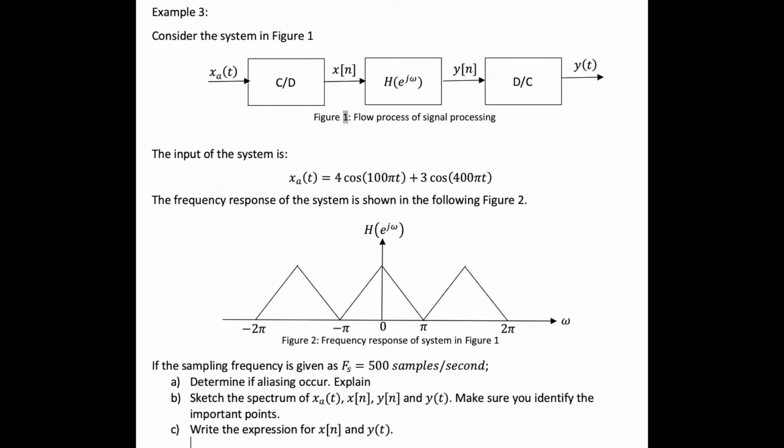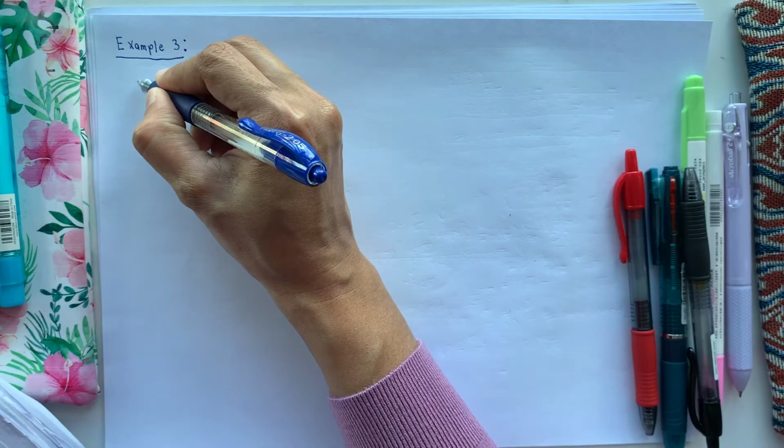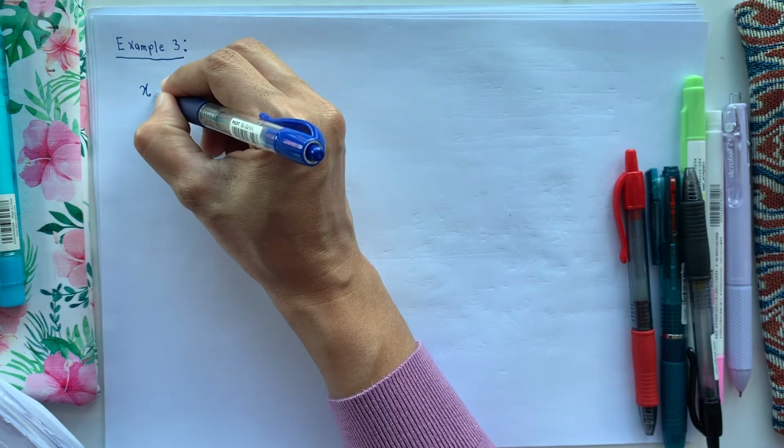After that, you go through H(e^jω). Your H(e^jω) is actually the low pass filter, as can be seen in figure number 2, to get y[n]. Then y[n] goes through another converter from digital to continuous time to produce y(t). So your input is s(t).